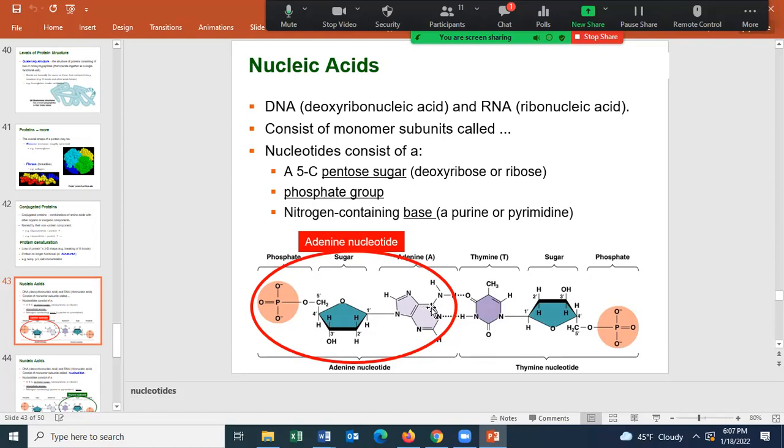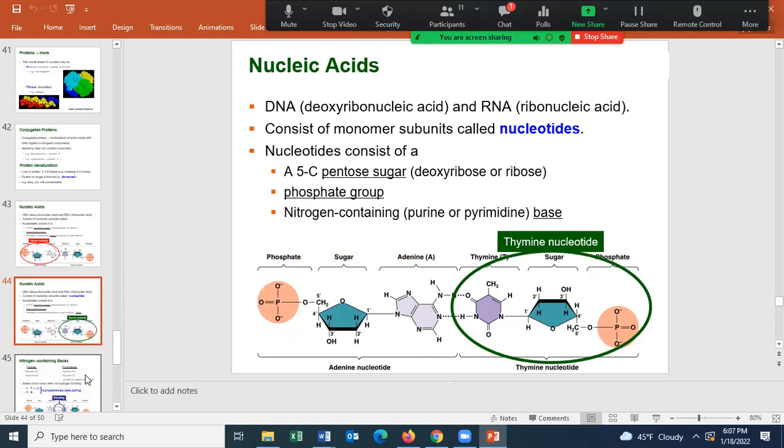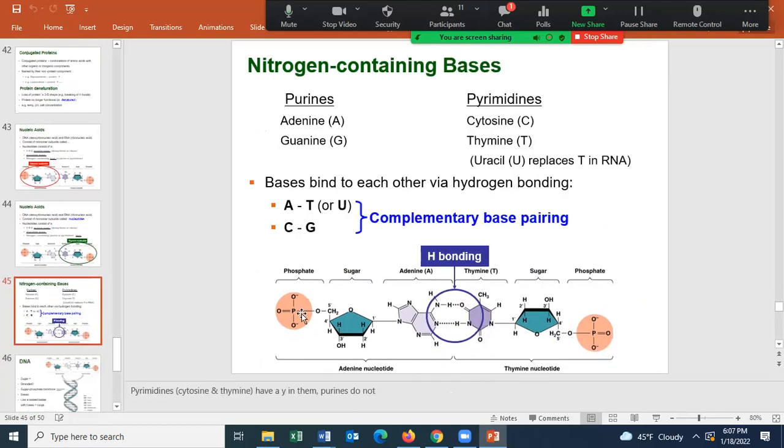And adenine binds to thymine with 2 hydrogen bonds, one here and one there. All right, DNA. Let's talk about the purines and pyrimidines.